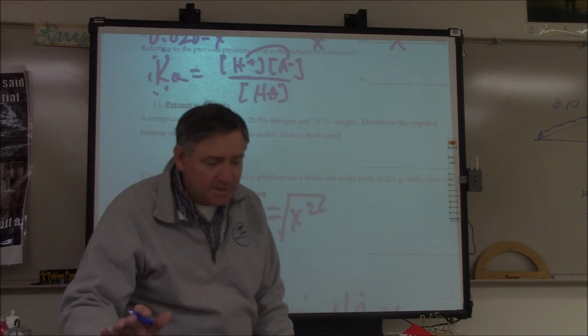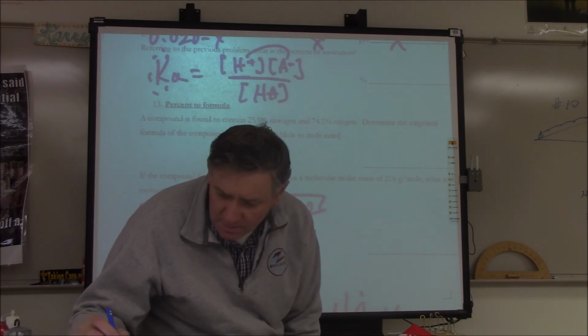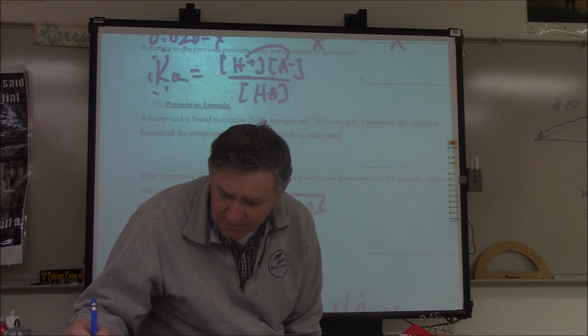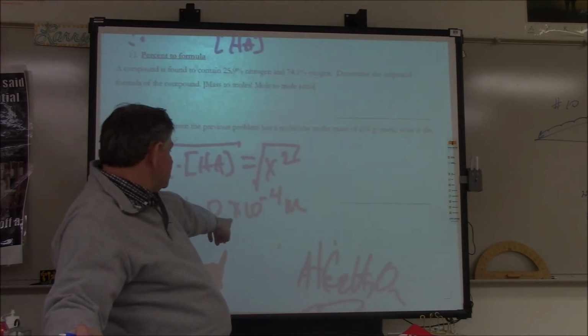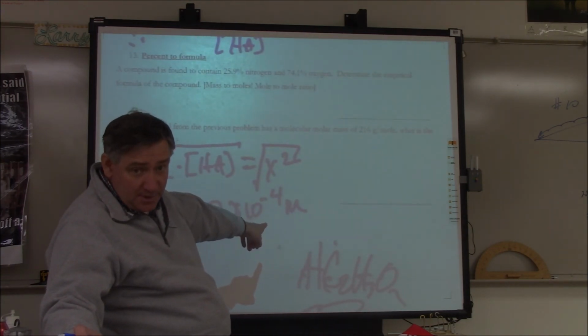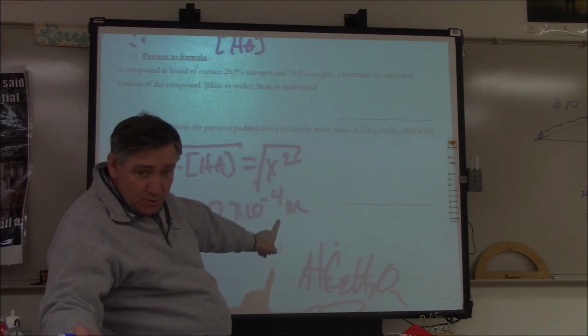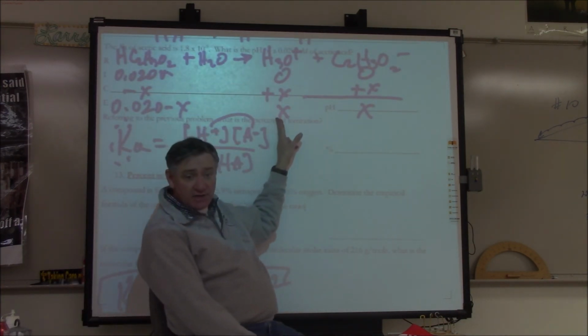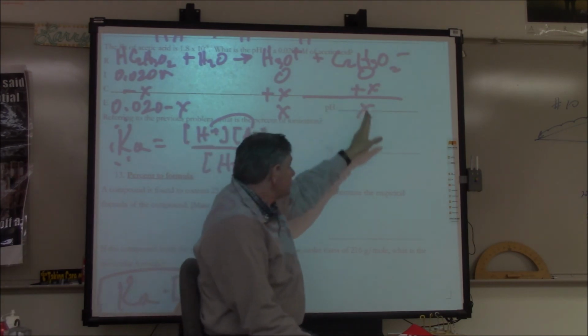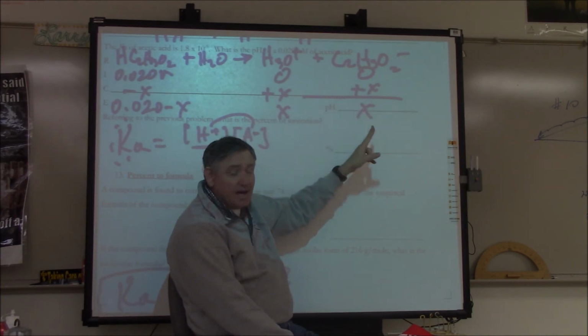And then that's going to get me X. So when you do this, you get X equals 6.0 times 10 to the negative fourth as your molarity. So this is important. This 6.0 times 10 to the negative fourth, okay, that gets me two things. That gets me the concentration of my hydronium ions, and it gets me the concentration of my anions. Now, here's the trick.